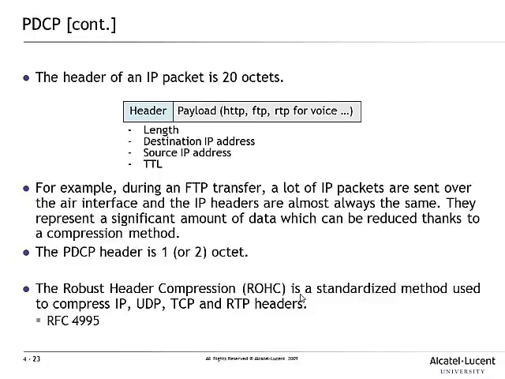And so we have this compression method by which we remove all duplicate information. The PDCP header itself will only have 1 or 2 octets, but it can reduce the IP header considerably.